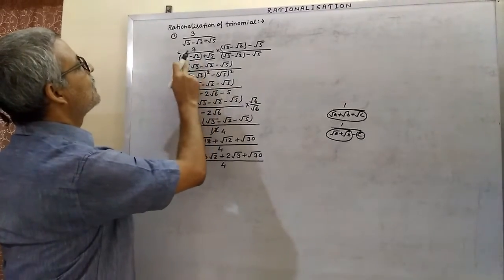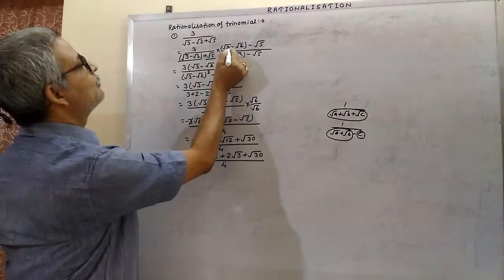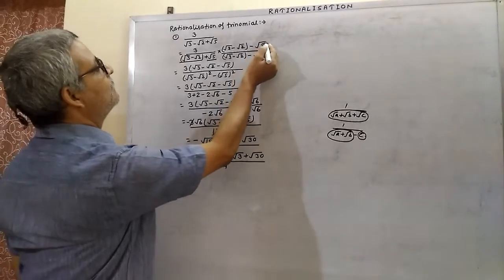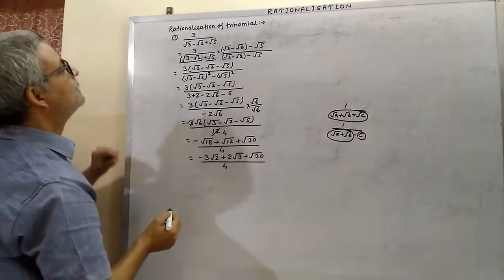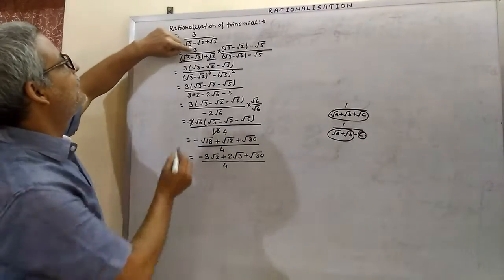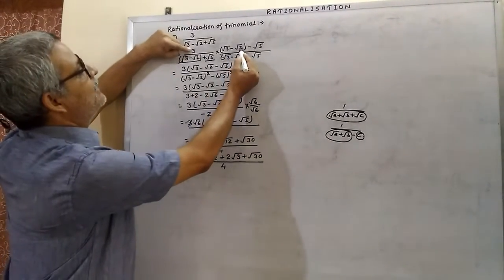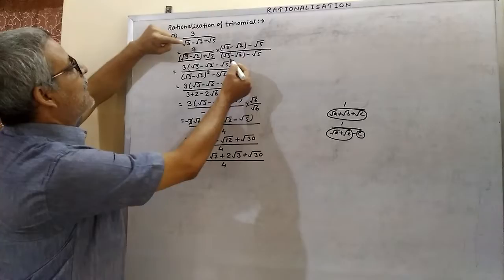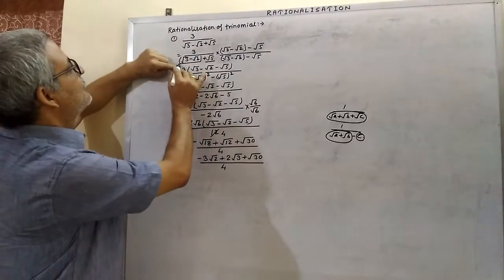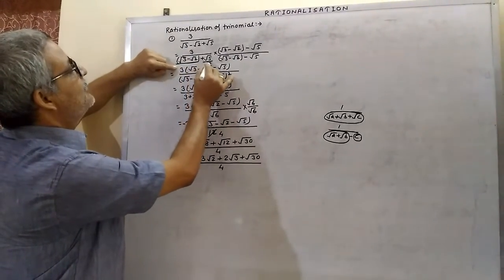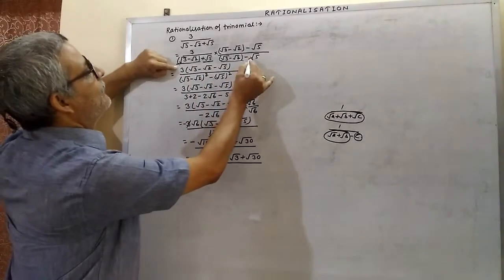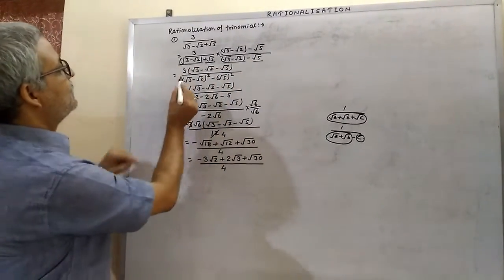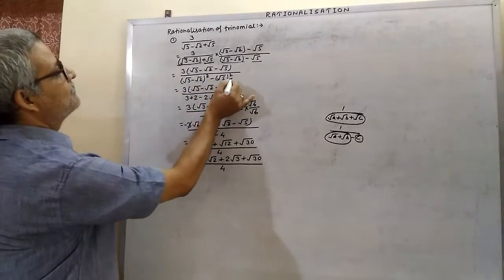So the conjugate will be root 3 minus root 2 minus root 5 divided by root 3 minus root 2 minus root 5. Now in the numerator 3 into root 3 minus root 2 minus root 5, and in the denominator, suppose this is a and this is b, then it will be a plus b into a minus b, so that is a square minus b square.